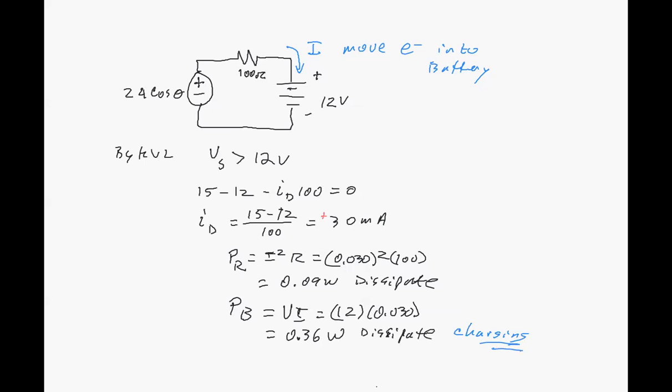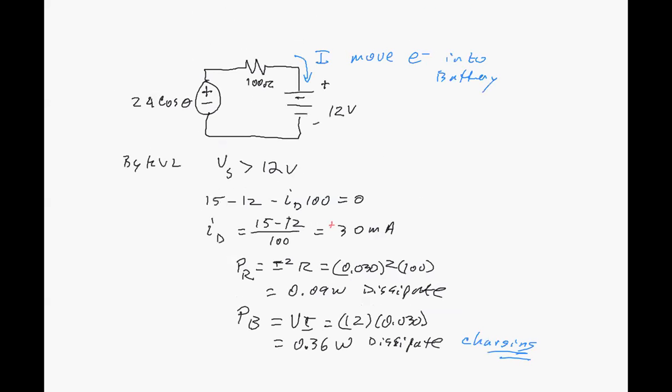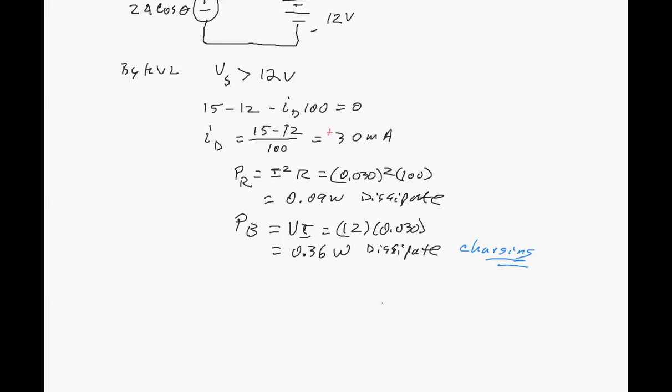Now, but this is a sinusoid, so it's going up and down. So it's going to go negative. The power, the energy we get out of the wall does go negative. So when Vs is minus 15, those are the best and worst cases perhaps.